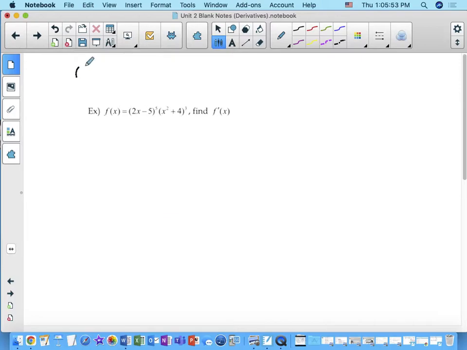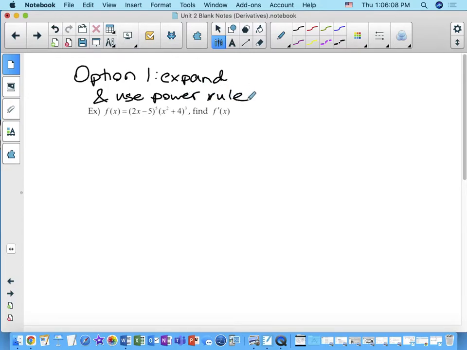So option 1, expand and use power rule. But this is not practical.